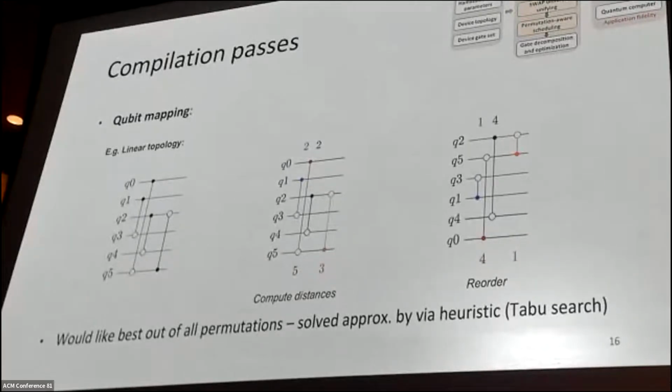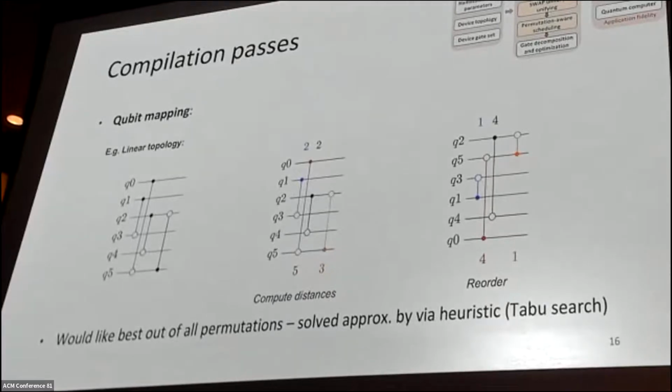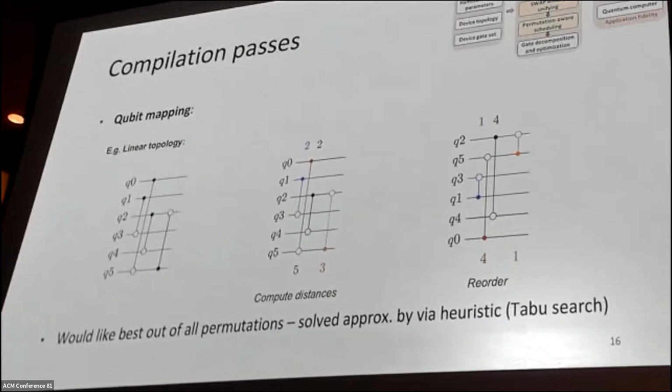So we do that with a simple cost function, which just looks at each gate, looks at a particular mapping, and looks how far away your qubits are on the device with respect to this mapping, and it has a simple cost which is describing that distance. So this is a complicated combinatorial problem. We solve it via a heuristic using tabu search to try and minimize this. And essentially what you're doing is trying to put as many of the interacting qubits next to each other in the original mapping on the computation.